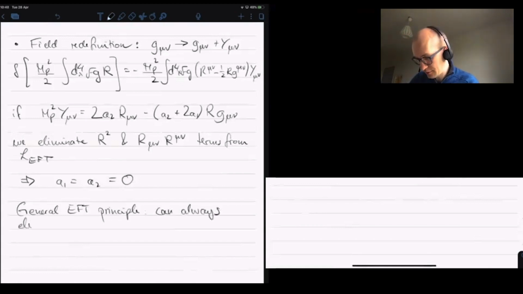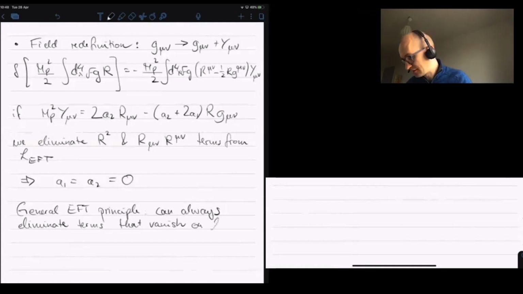So you can always eliminate terms from the EFT that vanish on, let's say, lowest order equations of motion.